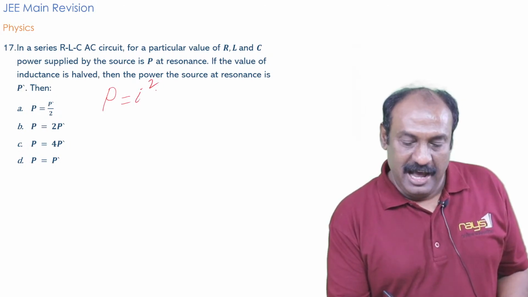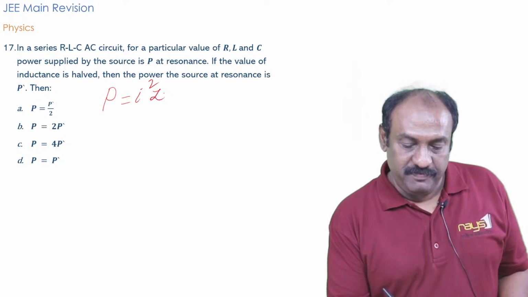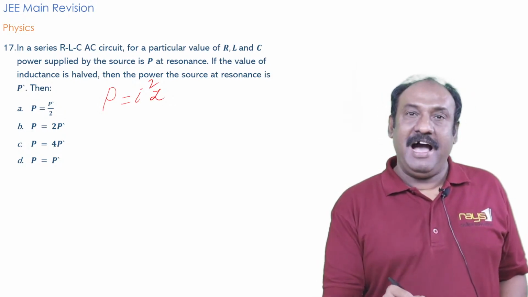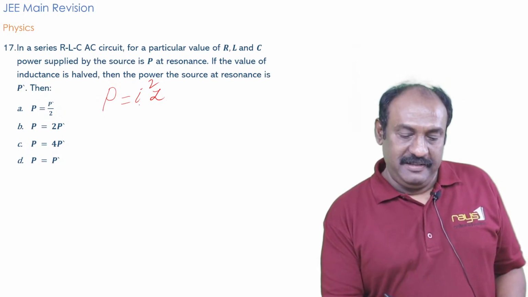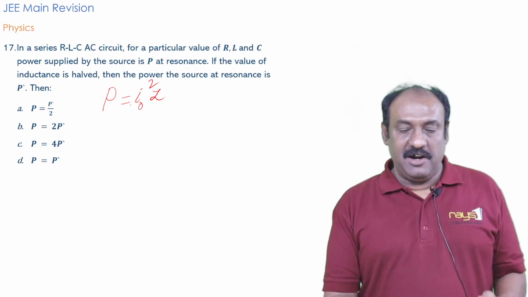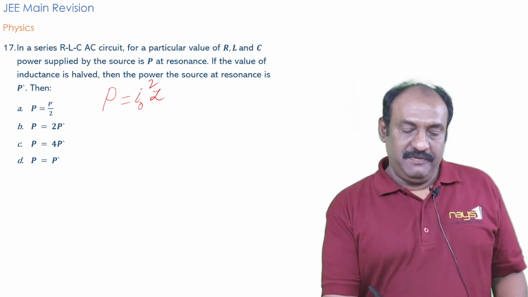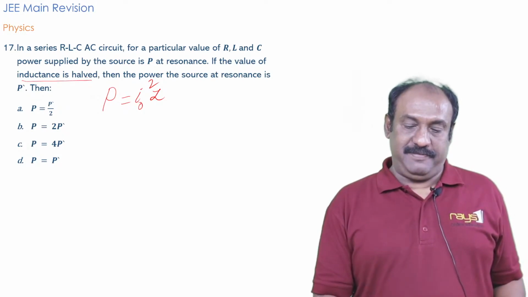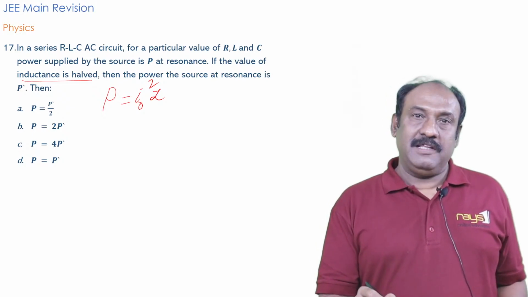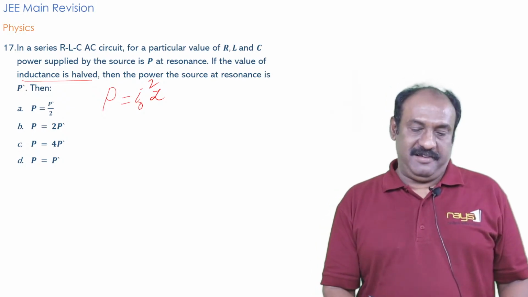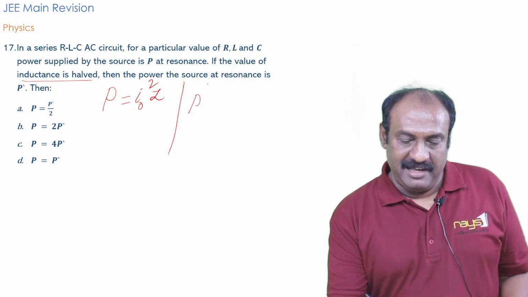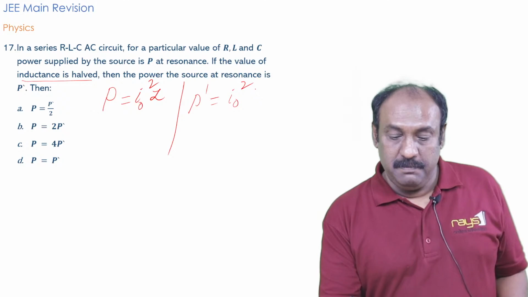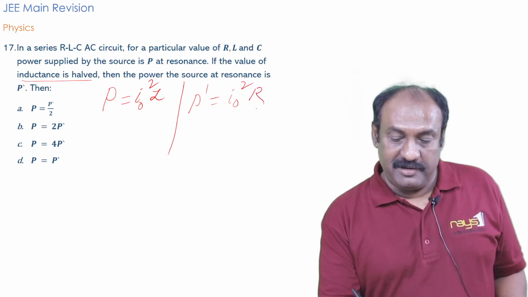That is I square into Z, where I is I naught, so I naught square into Z. If the value of the inductance is halved, what is the power supplied by the source at resonance? Suppose that is P dash. At that time, it is I naught square into, in place of Z, I write R.